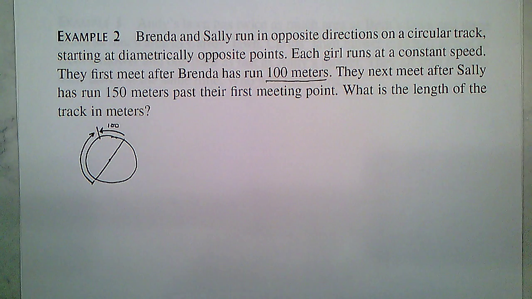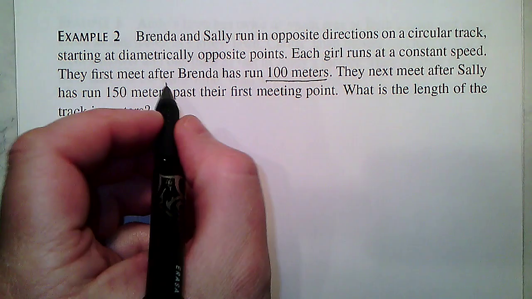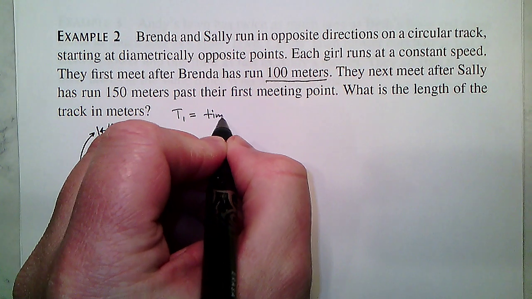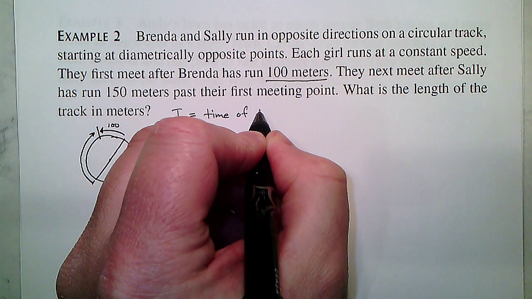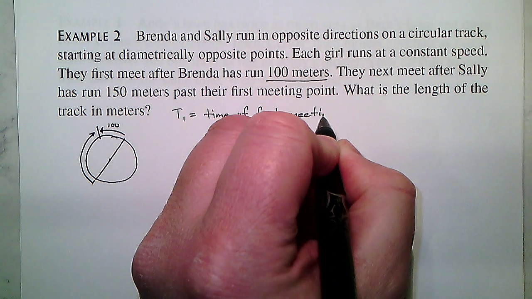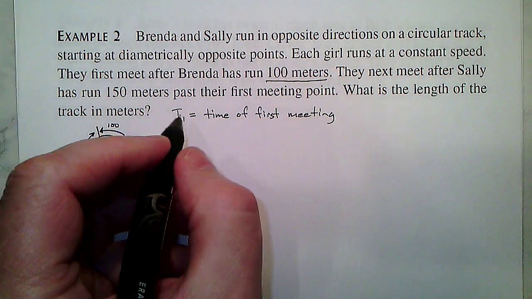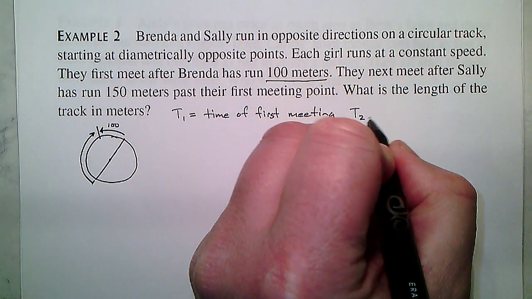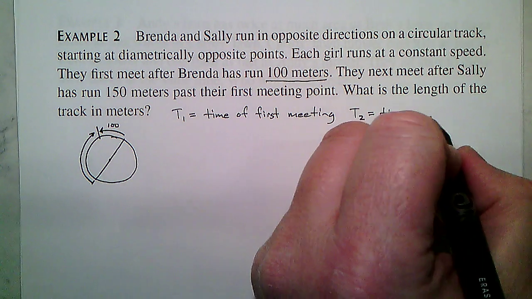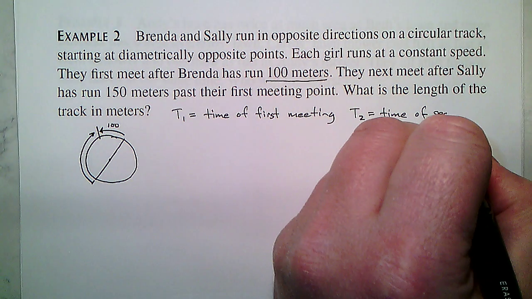So I'm going to need some notation. How about if I let T1 be the time of the first meeting, and I'll let T2 be the time of the second meeting.